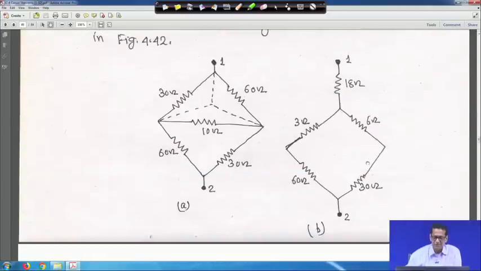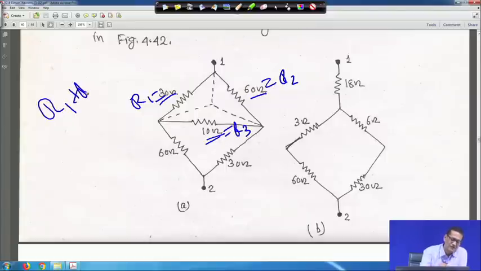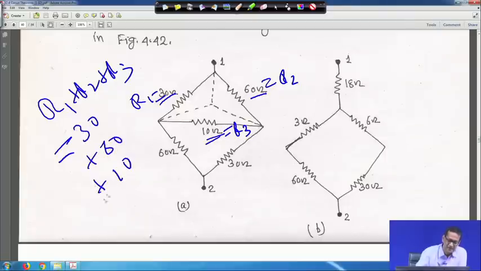So, here we are getting this 30, 60 and 10 ohm, they are in delta, we have to convert it to star, right. Suppose this is your R1, this is your R2 and this 10 ohm is equal to R3. So, R1 plus R2 plus R3 is equal to 30 plus 60 plus 10, which is equal to 100 ohm, right.